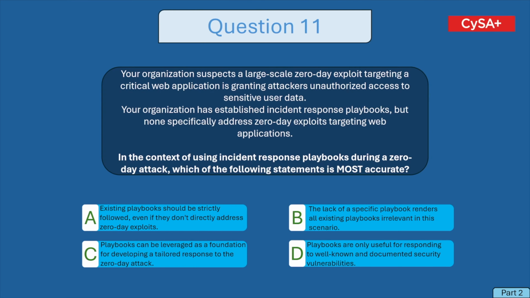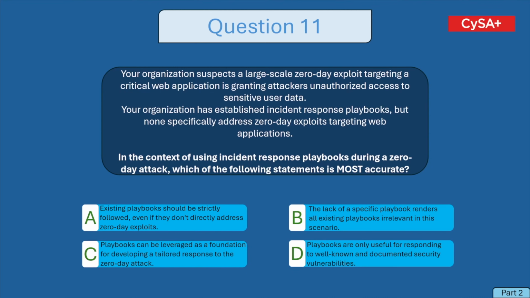Question 11. Your organization suspects a large-scale zero-day exploit targeting a critical web application is granting attackers unauthorized access to sensitive user data. Your organization has established incident response playbooks, but none specifically address zero-day exploits targeting web applications. In the context of using incident response playbooks during a zero-day attack, which of the following statements is most accurate?